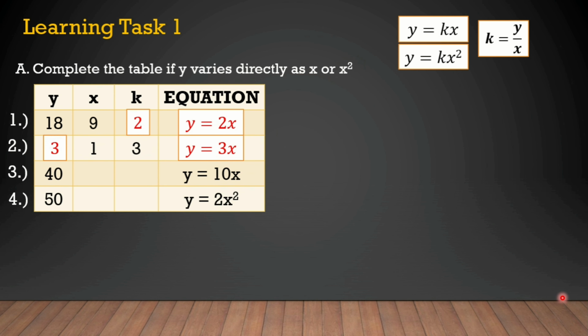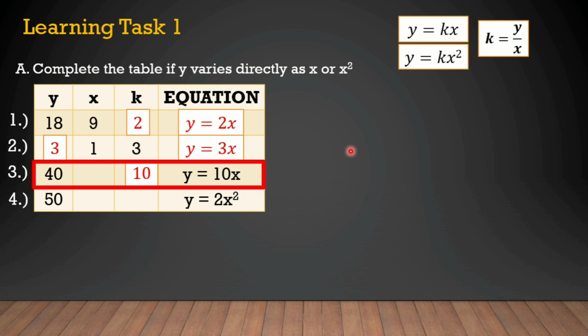Next, number 3. Okay, next, number 3 naman, y is 40. Ang hahanapin natin is x, tapos yung k. So, ang given naman ay equation is equals to 10x. So, dito sa equation pa lang, makikita na natin na ang value ng k natin ay 10. So, ang next na lang na hahanapin natin ay yung x. So, ano naman ang gagamitin nating formula dito? So, pwede mong gamitin tong formula pa rin: y is equals to 10x.